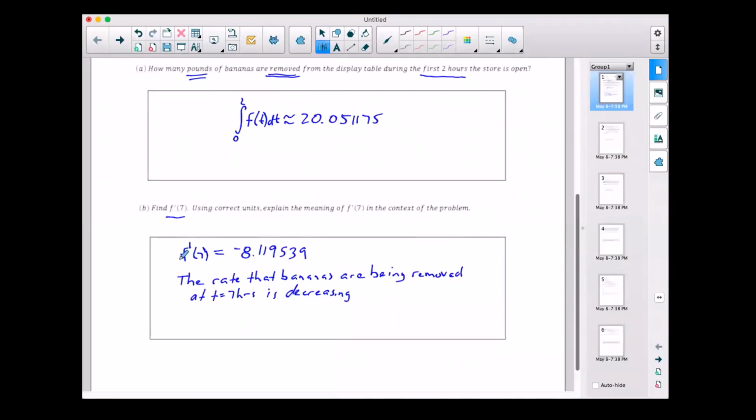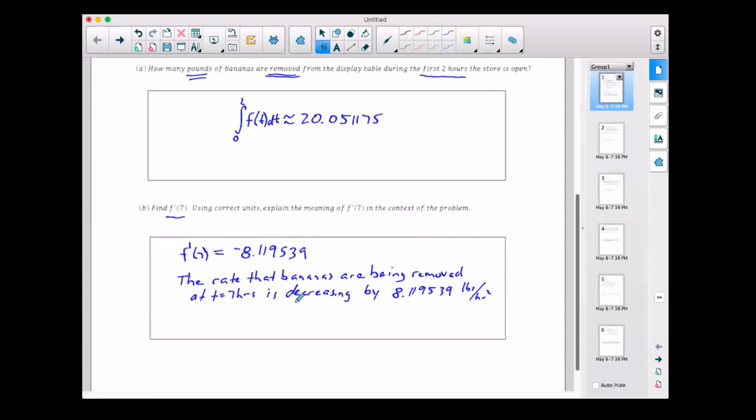So if f has a negative derivative like it does here, that means that f was decreasing, and f was the rate that bananas are being removed. So the rate that bananas are being removed at t equals 7 hours is decreasing by 8.119539, and I'm going to call this pounds per hour squared. And think about a couple things.